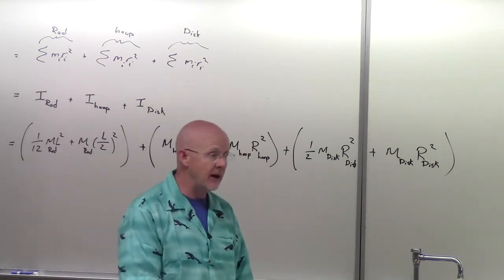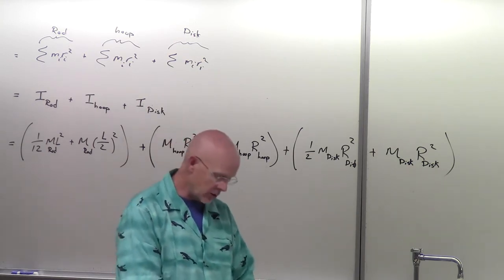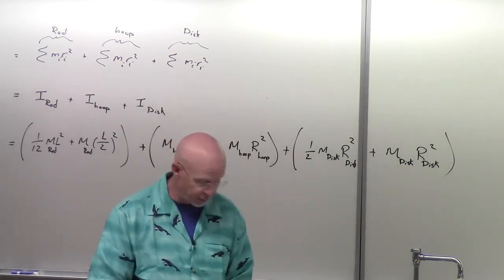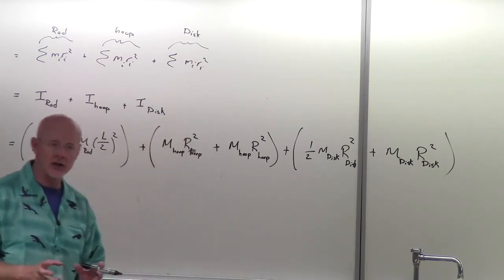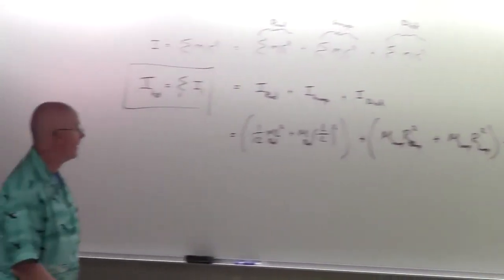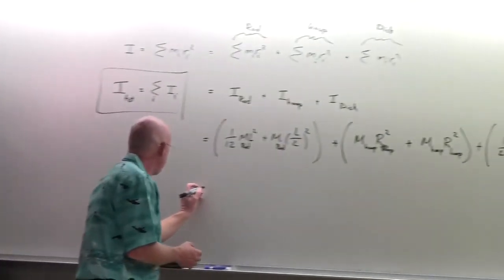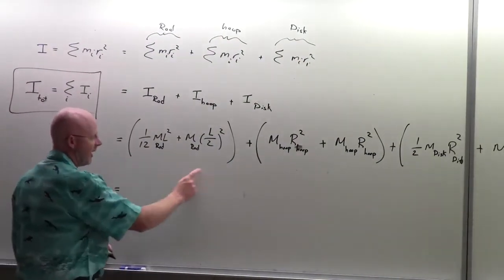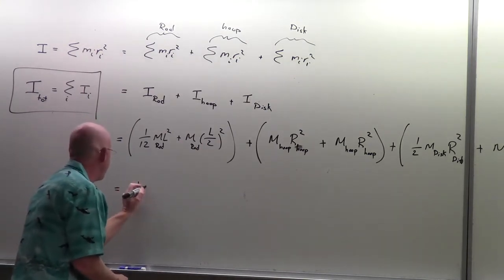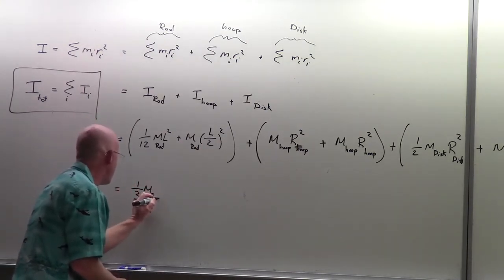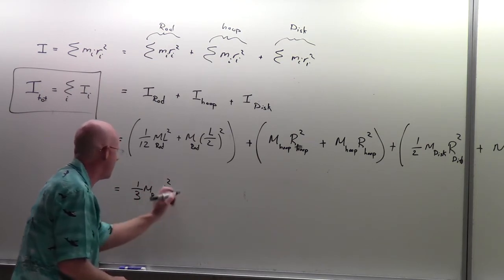Where there's another problem, I think they have a baseball. And so it's solid all the way through. So use the other one. And sometimes they're on center and sometimes they're off center. If we simplify this, a 1/12 and a quarter make a third. So that's 1/3 mass of rod, length of rod squared.